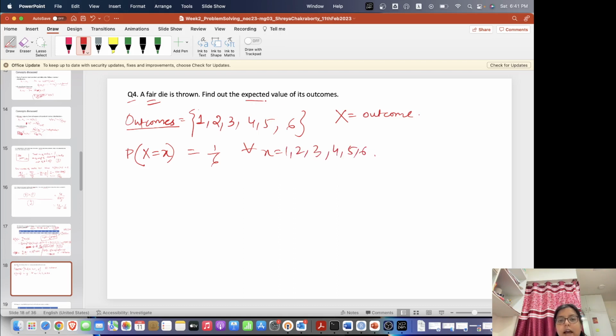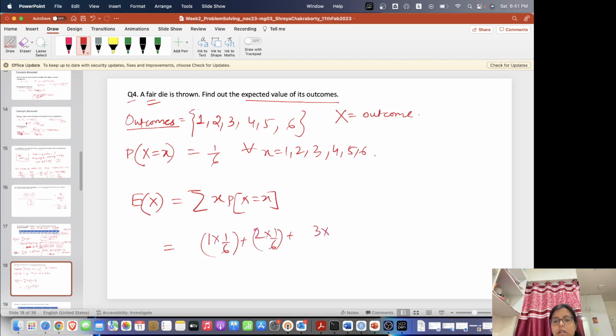So the expected value of its outcomes is nothing but expectation of x, which is summation of this. So this is nothing but 1 into 1/6 plus 2 into 1/6 plus 3 into 1/6 plus 4 into 1/6 plus 5 into 1/6 plus 6 into 1/6.